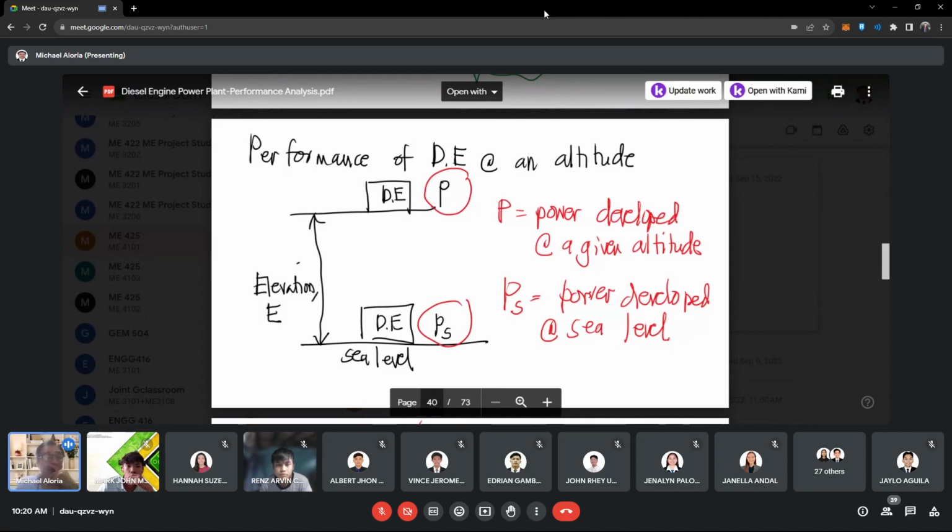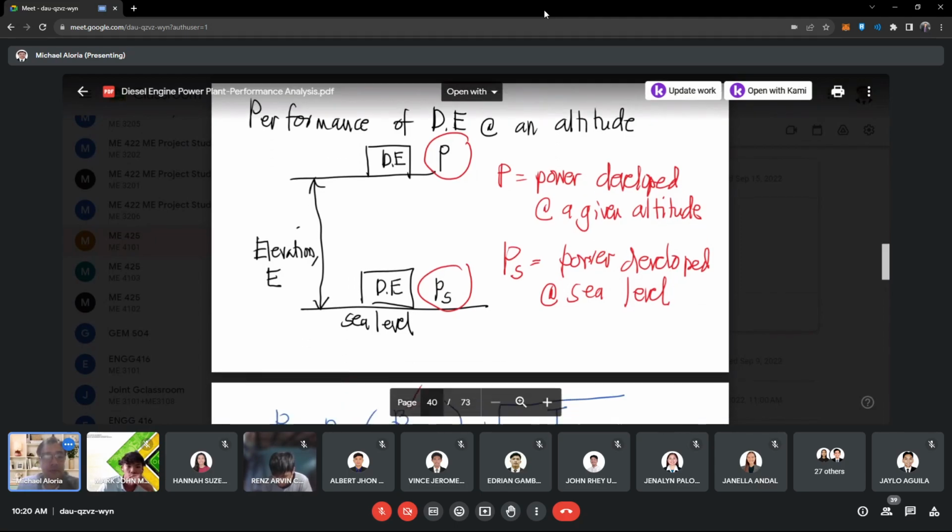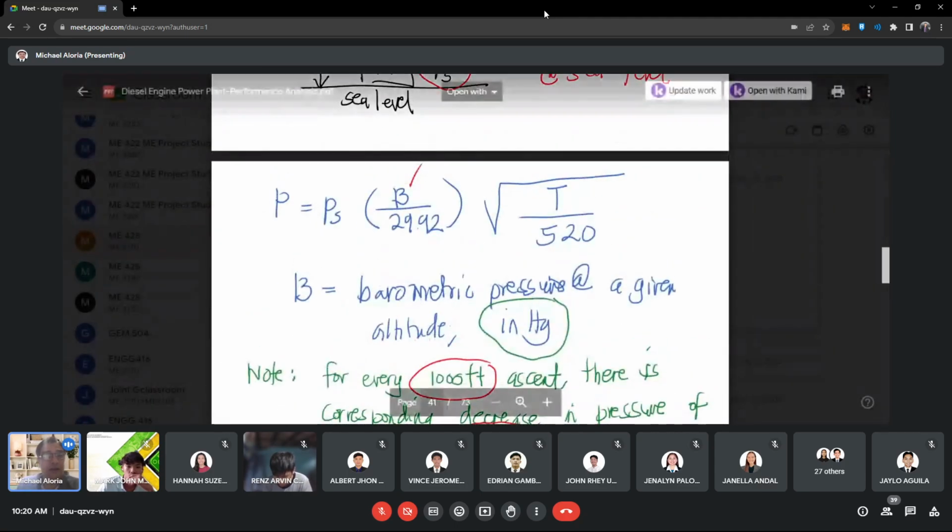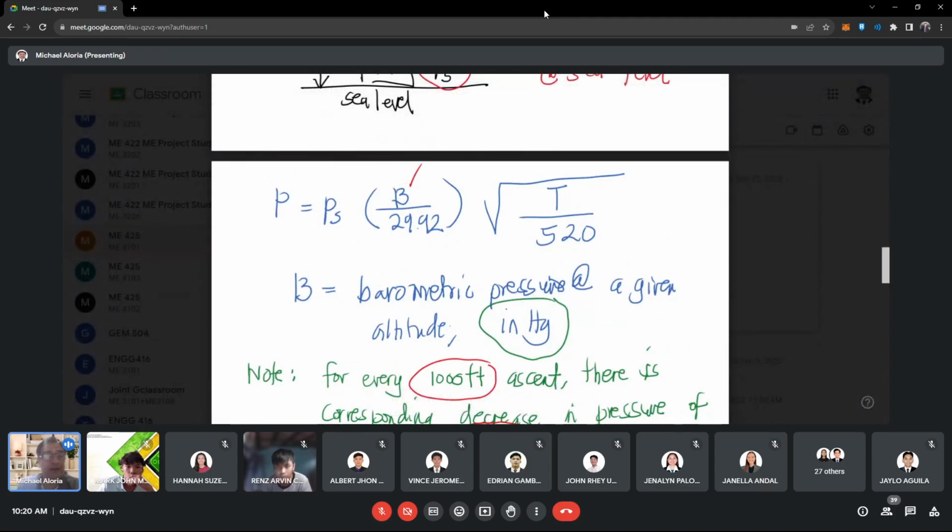Yan. So, ang tamang sagot ay decrease. Bababa yung performance ng iyong diesel engine kapag siya ay nag-ooperate sa mataas na elevation. Ang equation natin: power developed at a given altitude is equal to power developed at sea level times pressure factor at temperature factor.